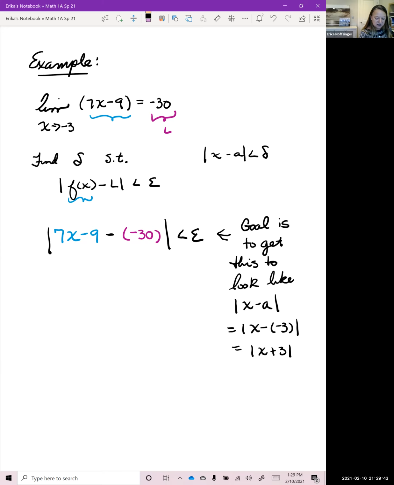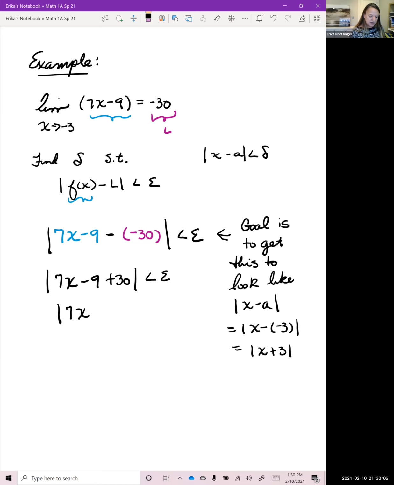I would go through first by simplifying inside my absolute value. So I have 7x minus 9. Well, minus a negative is really plus, so plus 30, and that absolute value is less than epsilon. Combine like terms, so we have 7x.